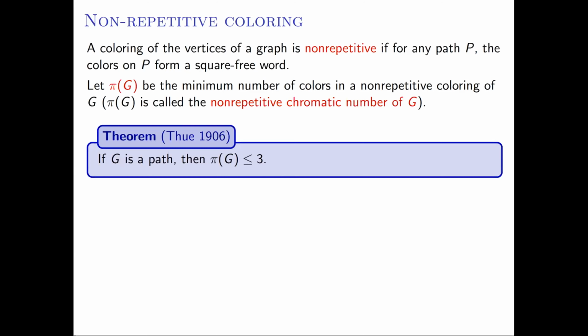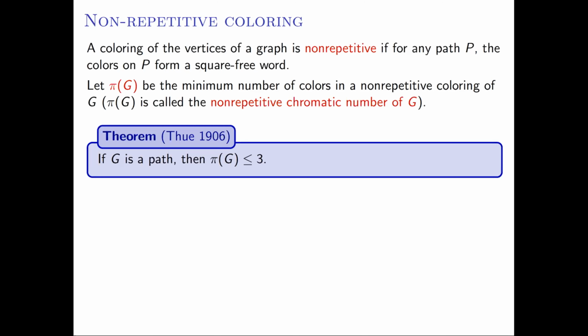What we just saw, the result that you can find arbitrarily large square-free words, is actually an equivalent way of saying that paths have a non-repetitive coloring with 3 colors. So your colors would be A, B, C. And since you can do that for arbitrarily large square-free words, it tells you even that you can color the infinite one-way path with 3 colors in a non-repetitive way. Okay.